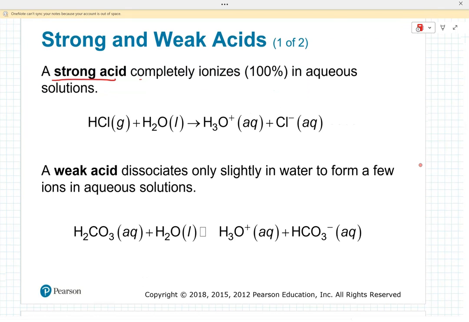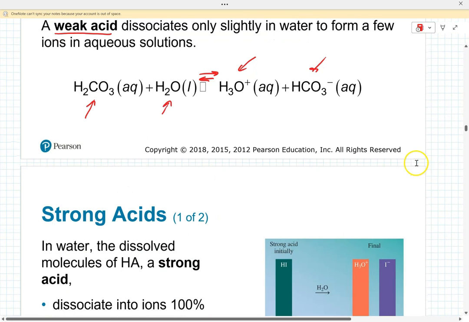Strong acid: complete ionization, complete dissociation into ions. Weak acid: incomplete, so this should be like this. It's an equilibrium, so you have some dissociated and some not. Does that make sense to you? Everybody? Good? Okay.